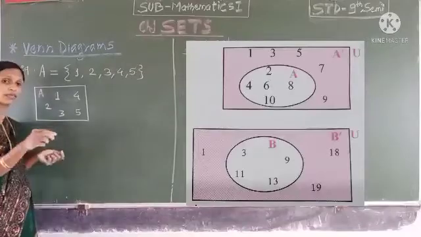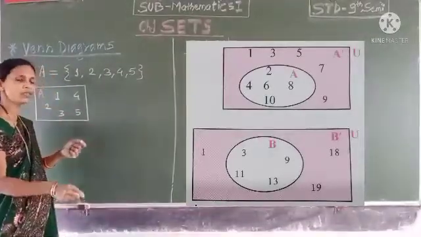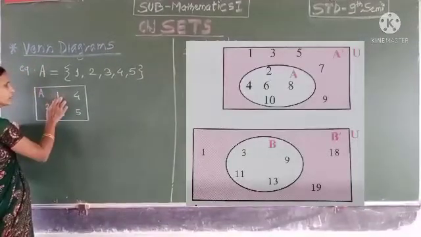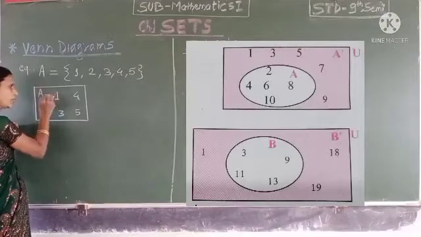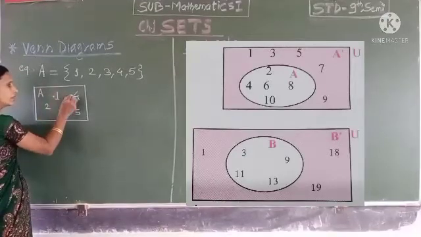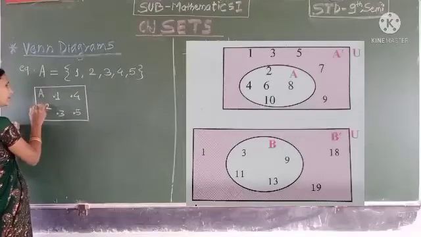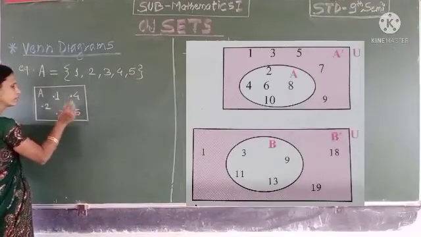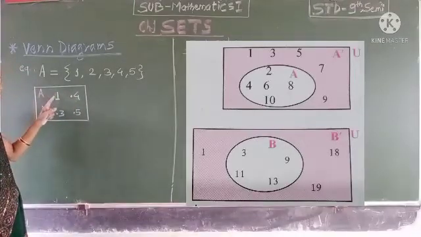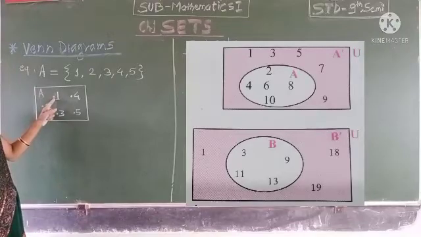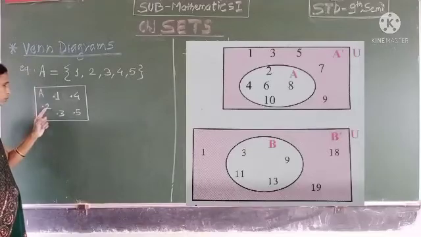There is one more method you may use to write the elements in a Venn diagram: every element can be represented by dotted figures. That means the elements in set A are 1, 4, 5, 3, 2.